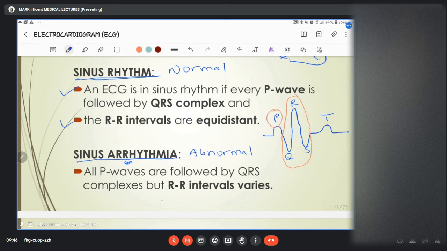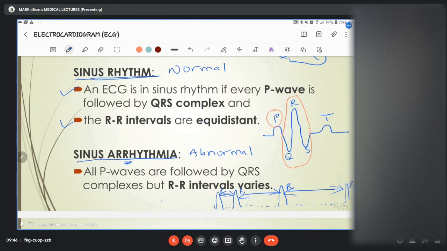This is one R, then the next R is here, then the next R is at another distance. You can see that this distance varies. This is short, this is long, this is longer. That is what sinus arrhythmia means. However, the QRS complex must follow after the P wave.